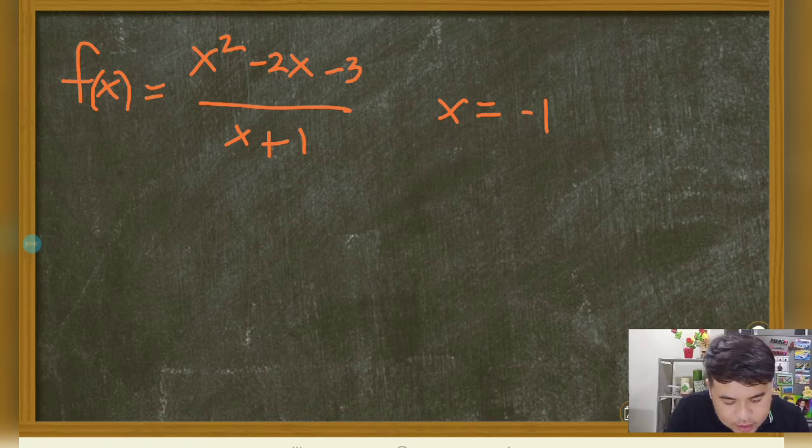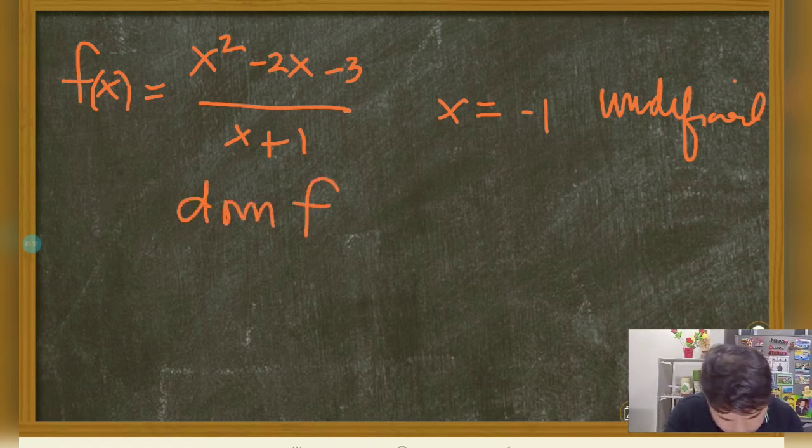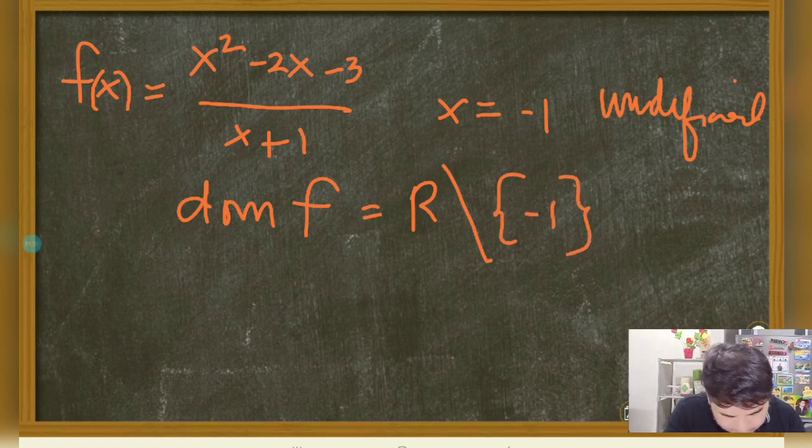Because there's a rule that there should be no 0 in the denominator to be able to become a function. So if we substitute negative 1, negative 1 plus 1 is 0. So dividing the numerator by 0 will become undefined. Okay, so there's no value for it. So the domain of the function is all real numbers except negative 1.